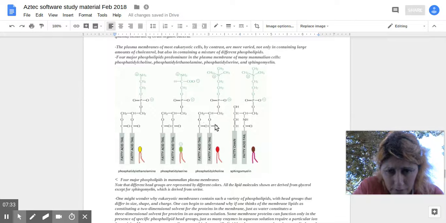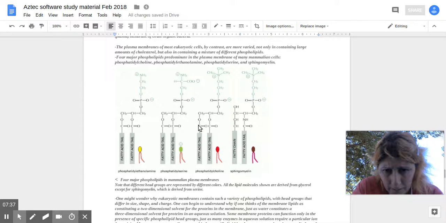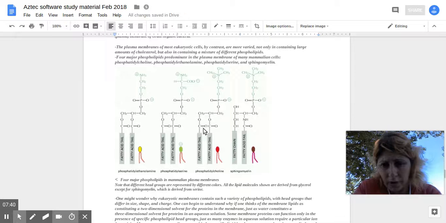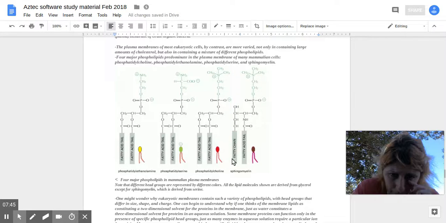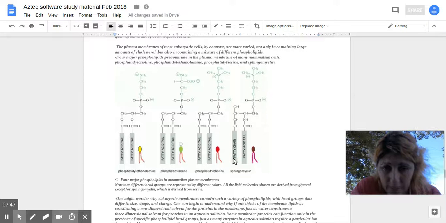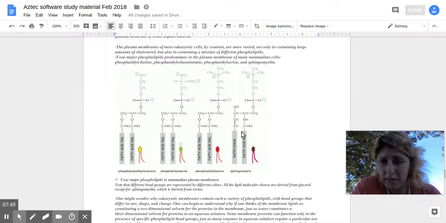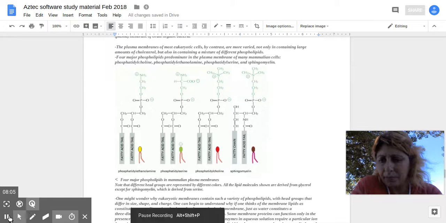So each tail is slightly different, and another oxygen is also lacking from one of the fatty acid tails, and it's a CH instead of a C double bond to O or oxygen. So sphingomyelin basically is missing three of the oxygens, which is present in the other phosphatidyl molecules.